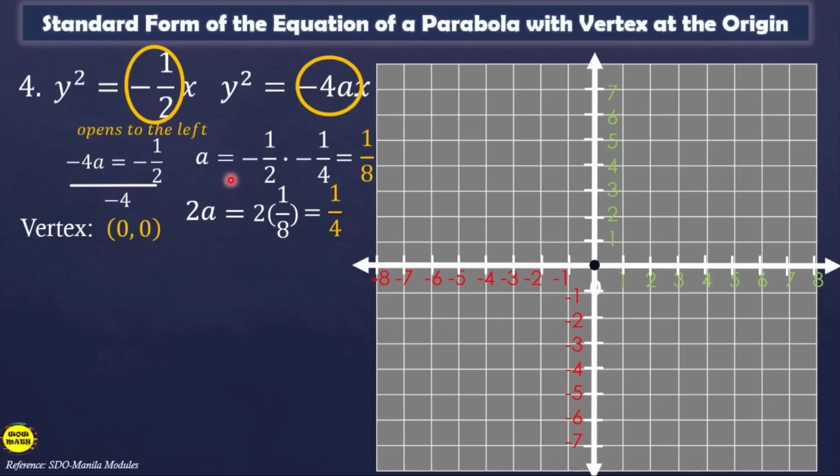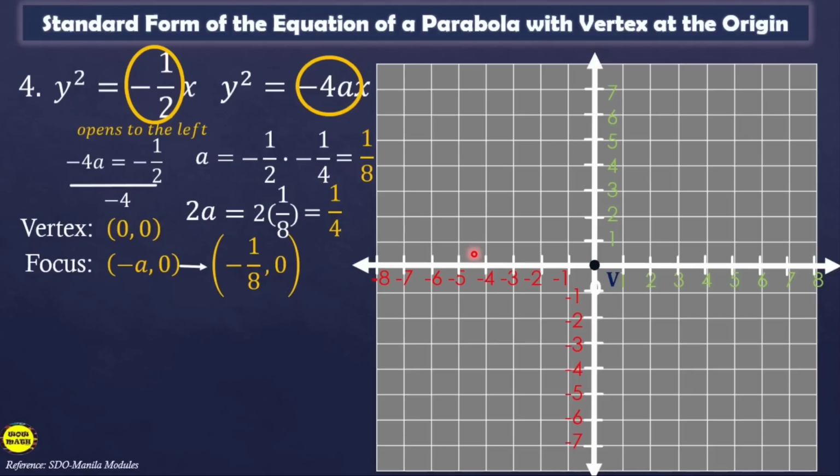Since opens to the left, yung parabola natin, yung focus natin, so yung 1/8, again, kapag kinonvert natin into decimal para hindi kayo mahirapan i-plot yung points, ang 1/8 ay equivalent sa 0.125. So, malapit pa siya sa 0. So, that is negative 1/8, 0. Kasi nga, saan naman natin makikita yung focus natin?